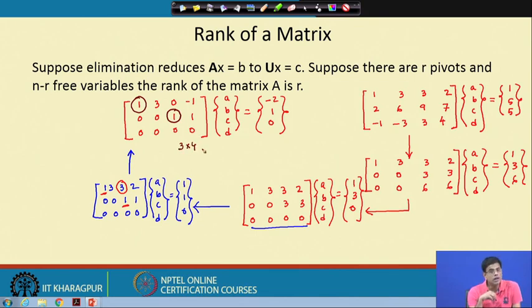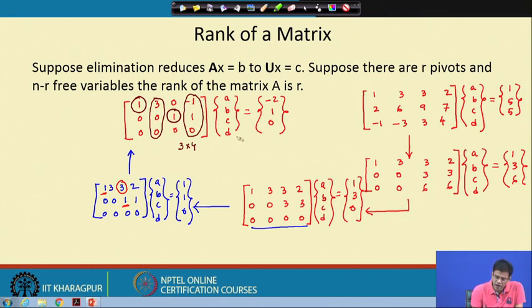So there are 4 variables. Among the 4 variables, some are pivot variables, some are free variables. So which variables are free variables? If you look carefully, the variables corresponding to these 2 columns are actually free variables. So this we can also verify if we write it in equation form.